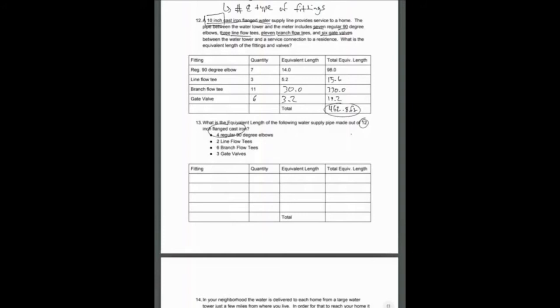So we have 90-degree elbow, and 4 of those, line flow T, and we have 2 of those, branch flow T. We have 6 of those, and gate valves, we have 3 of those. Going to the table, I'll kind of just speed this up, but I'm not going to go back and forth. You can look it up on your own.